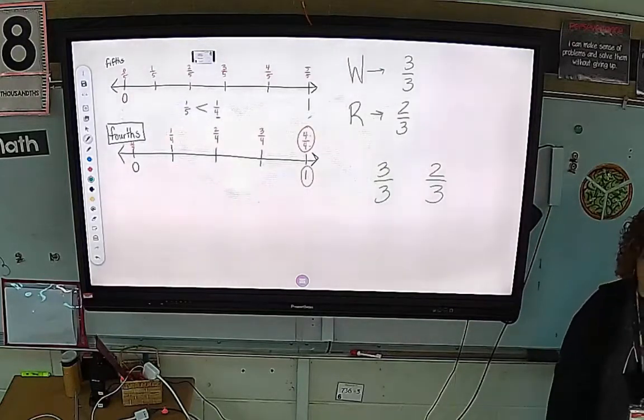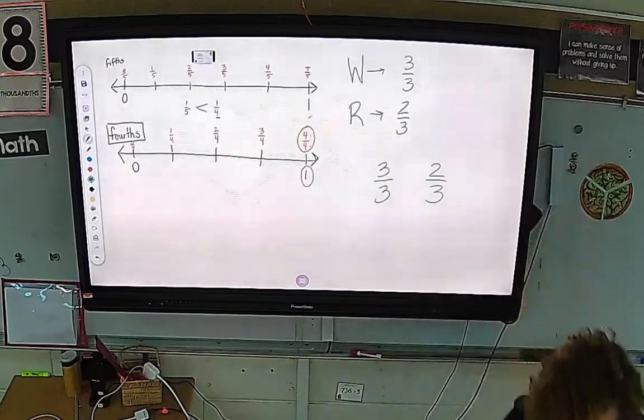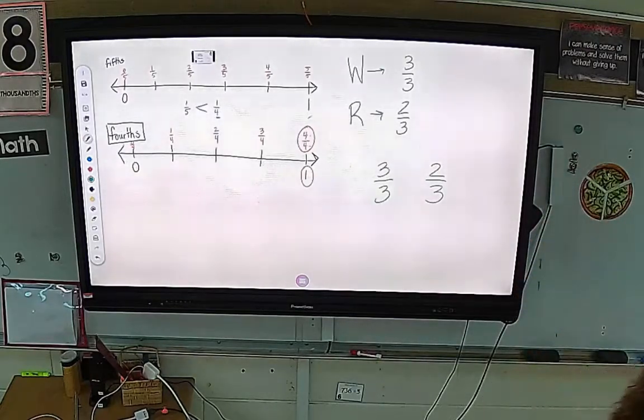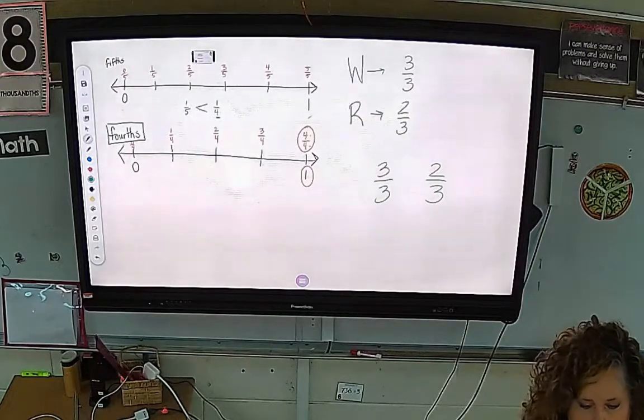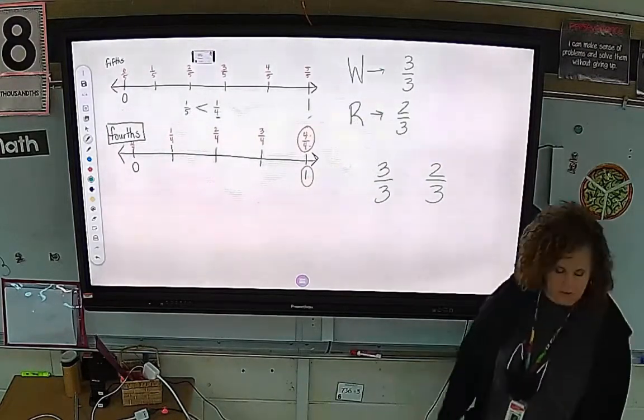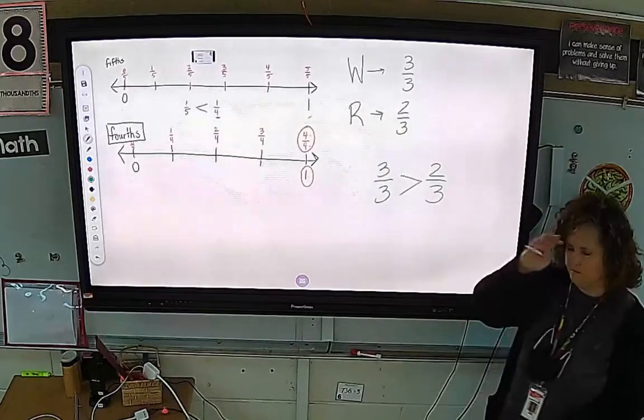Let this help you. Is 3/3 from here all the way to 0, or is 2/3 larger from here all the way to 0? Yeah, okay. So using the number line, 3/3 is going to be larger.